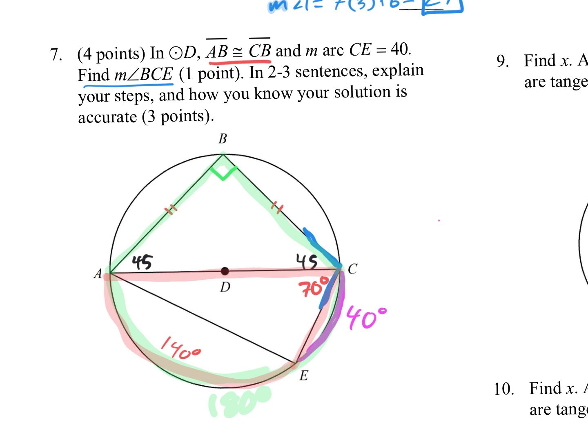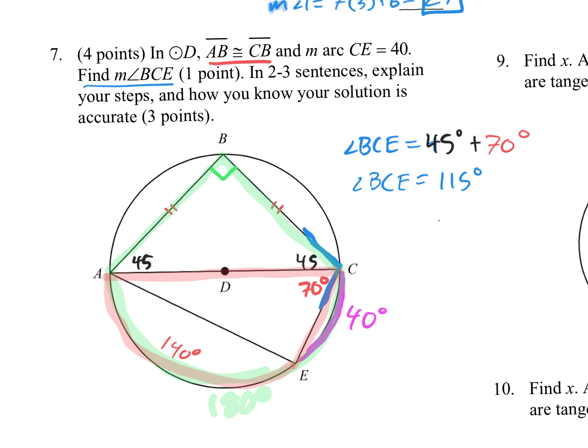Well, if this angle is 45 and this angle is 70, I can conclude that angle BCE equals 45, let's match the colors, 45 degrees plus 70 degrees, which means that angle BCE is 115 degrees.